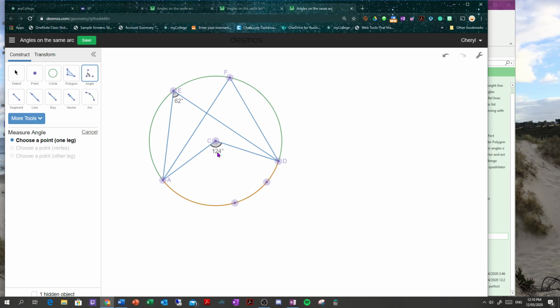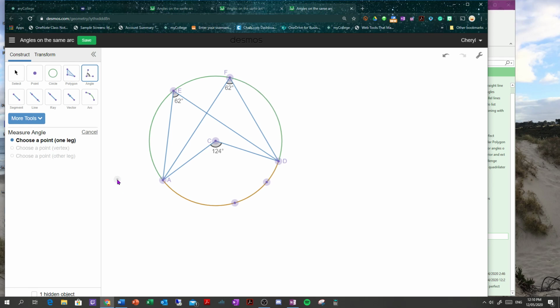The relationship is a ratio of a half, or this one is in fact double this one. We know that to be true. And that means that this angle, AFD, if I measure it, is also going to be 62. So that's not rocket science.